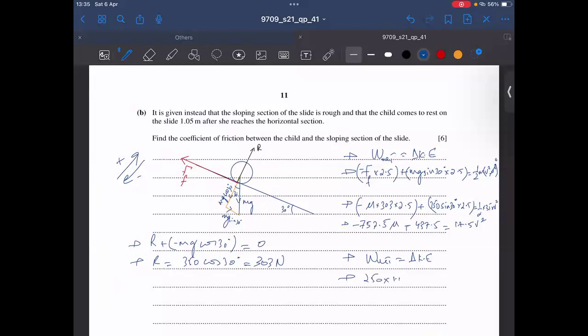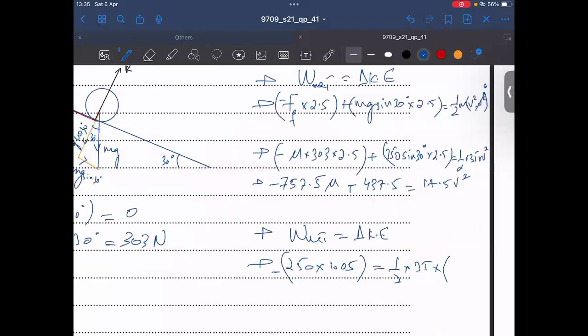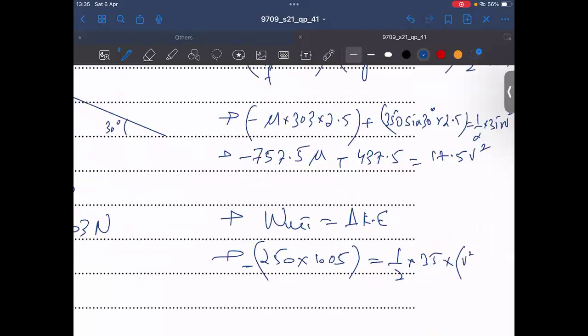So 250 times 1.05. That's going to be the work done against friction, negative, equals half into 35 into v square minus half into 0 square minus v square.